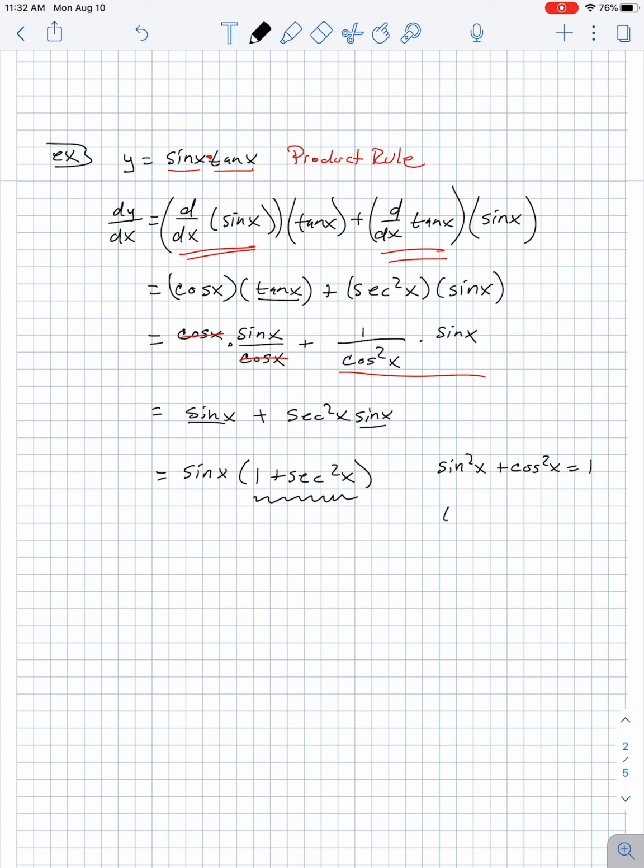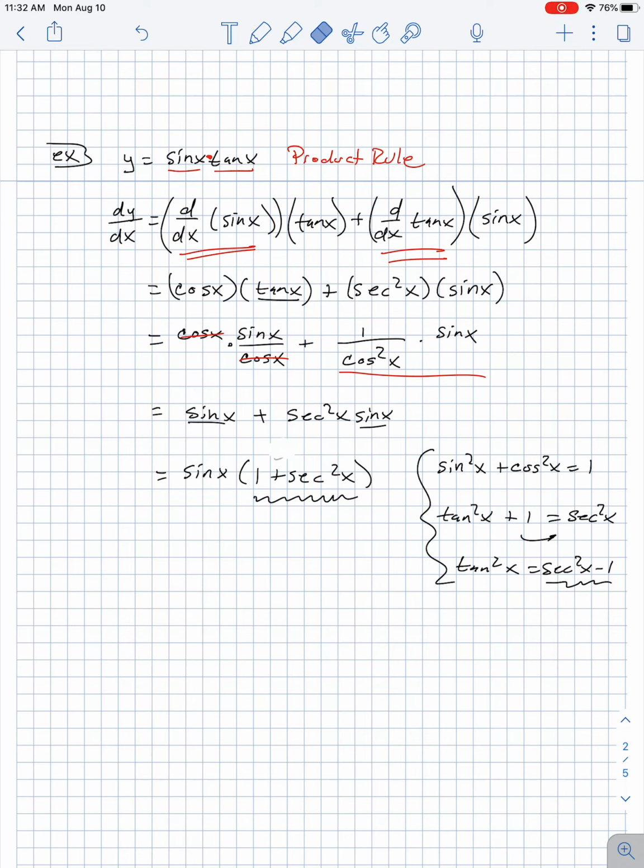So that gives me tangent squared plus 1 equals secant squared. And I'm looking at this, and if I subtract the 1 over, I see that this is secant squared minus 1 is actually the Pythagorean identity, and I have plus. So this doesn't apply here, but that was worth checking, okay?